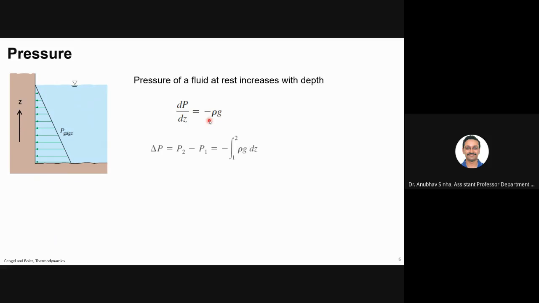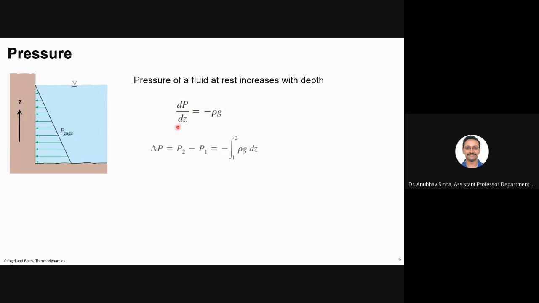Why minus is here is because z is going upwards, while pressure is increasing downwards. So the g vector will be downwards, z will be upwards. That's why we have a minus. So this is how pressure varies with depth for a static fluid at rest.